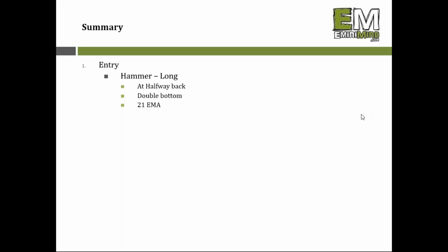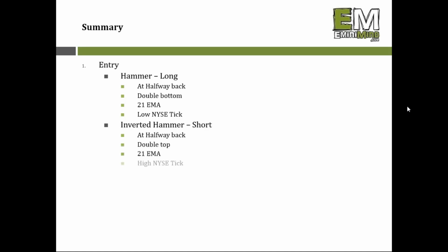Could be a long in an uptrend. Those 4 areas are really good, and then joining that up with a low nicey tick. And then an inverted hammer for going short could be at a halfway back, a 50% retracement, prior day's high, double top, at the 21 EMA in a downtrend, and then pairing that with a high nicey tick.